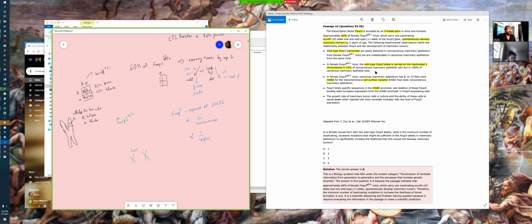Let's see if something else can help us, because of the recessive part. I'm looking at this: the wild type FOXP3 allele is carried on the inactivated X chromosome in 15% of non-cancerous mammary epithelial cells, but in 100% of cancerous mammary epithelial cells.